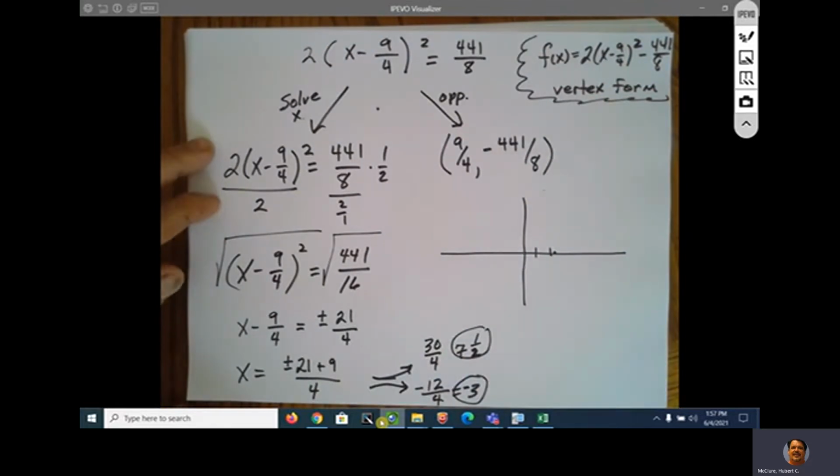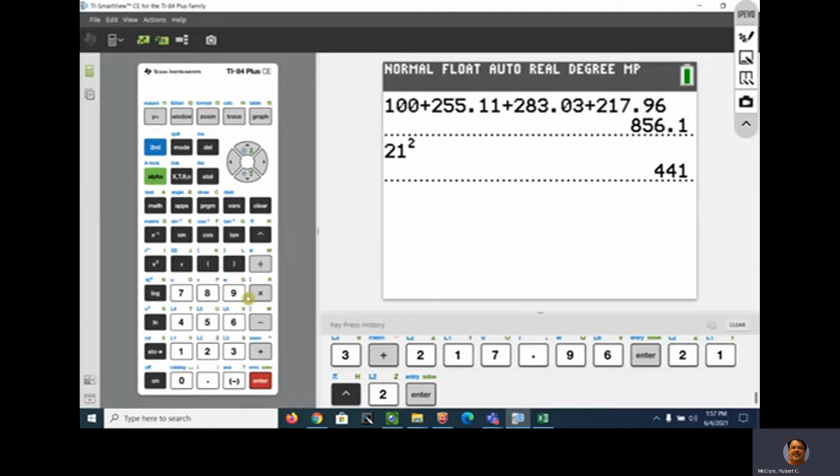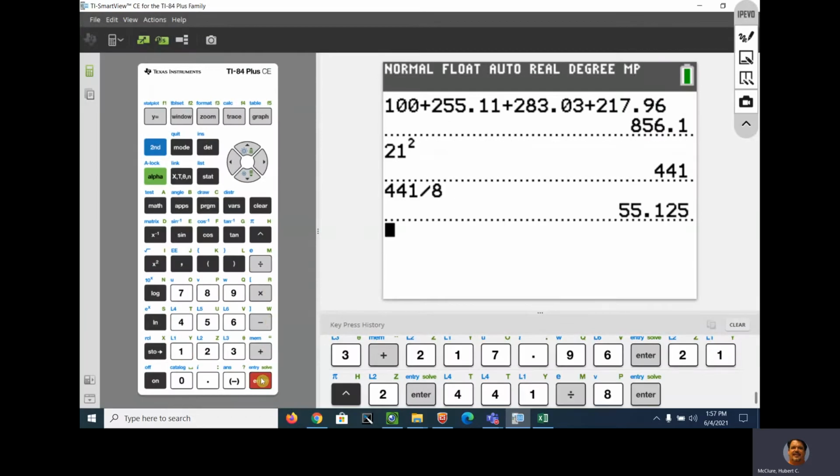Let's divide 441 divided by 8 and see what it is. 55.125, so that's negative. It's way down here. Negative 55.125. We got 7.5. 1, 2, 3, 4, 5, 6, 7, 8. 7.5 right there. Negative 3.